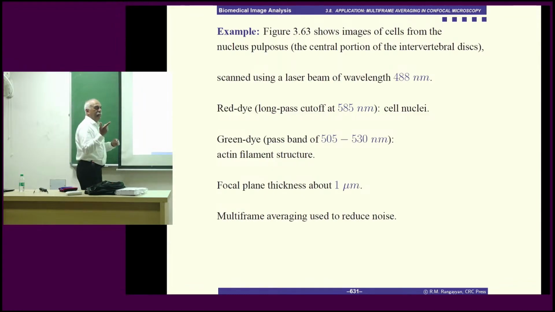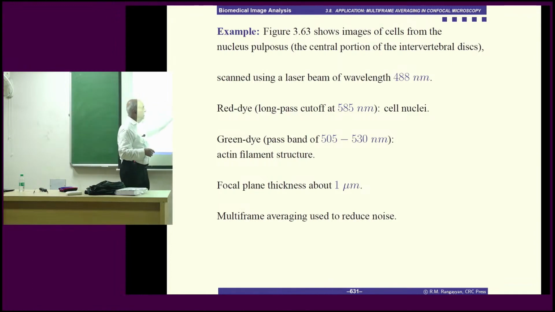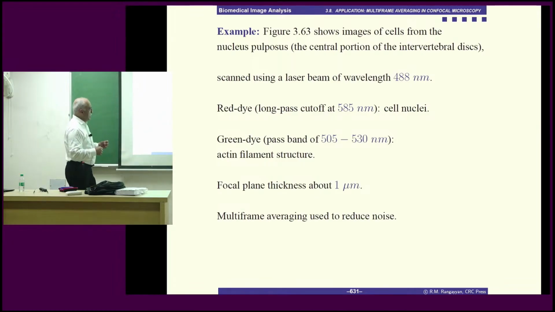The red dye gives light at a wavelength of 585 nanometers, and that corresponds to the nuclei of the cells. The green dye in the band of 505 to 530 nanometers shows the filament structure. The focal plane thickness is about 1 micrometer.